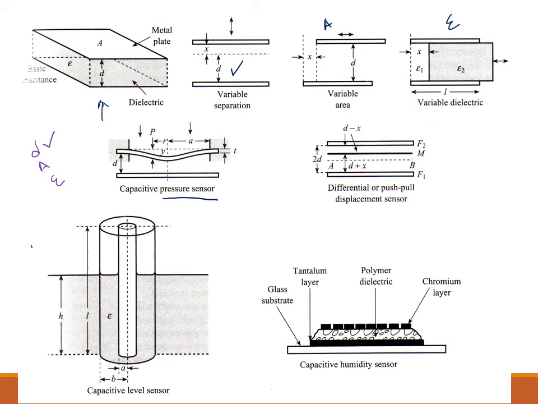But the change of distance is not directly a simple distance. We have to differentiate the distance here, meaning the distance is not the same all along the plate. Here we have maximum D at the end of both plates, but in between, the distance changes based on the profile of the pressure applied to the diaphragm here.